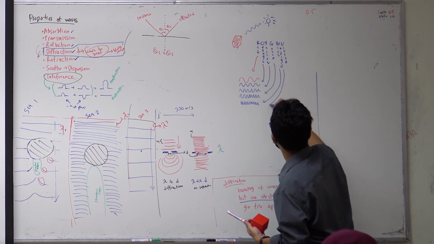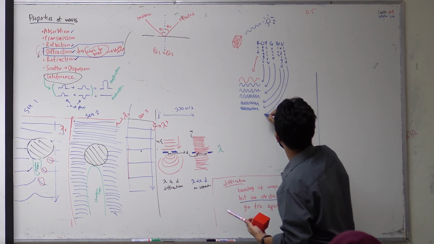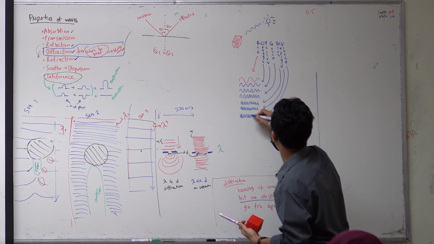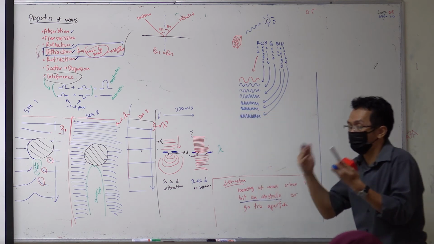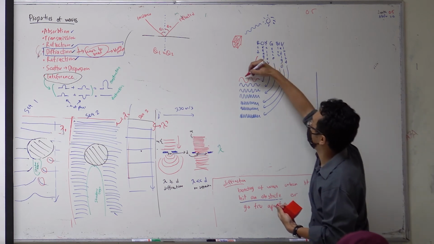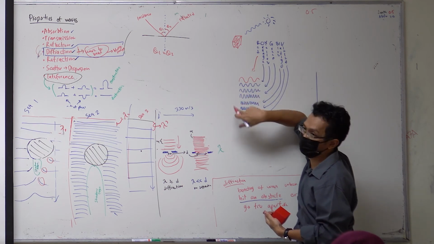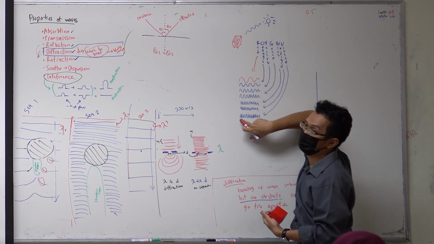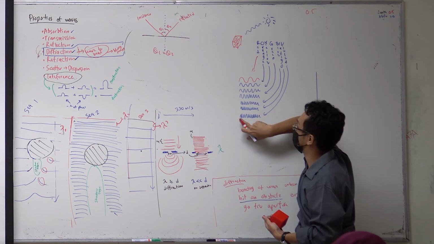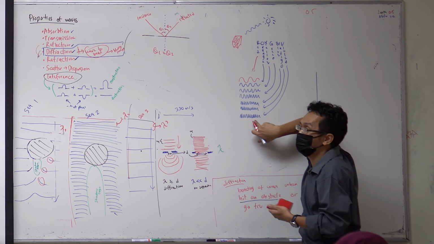And then violet is something even more energetic. Meaning that the wavelength becomes smaller and smaller. So you can see red has a very long wavelength, and blue or indigo has a very small wavelength. Meaning that when you have a small wavelength, it has high frequency, meaning that it has high energy.